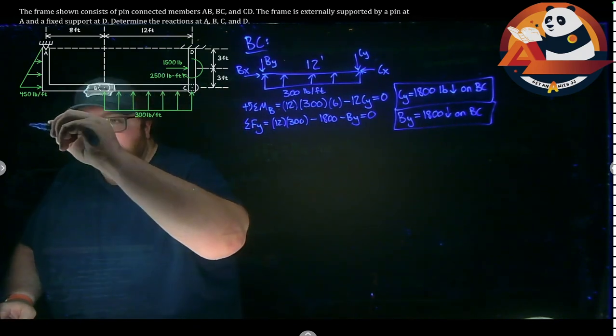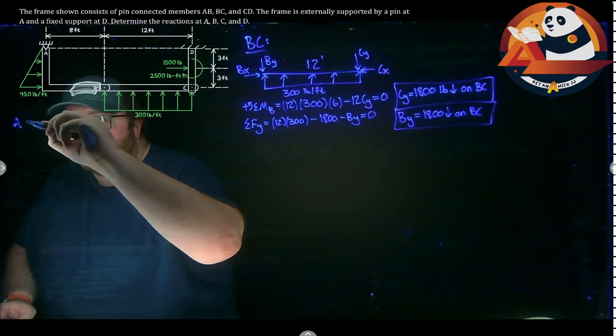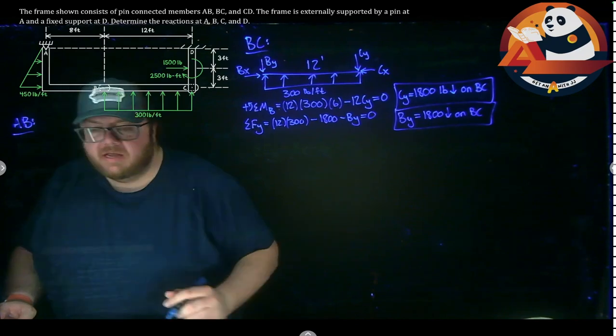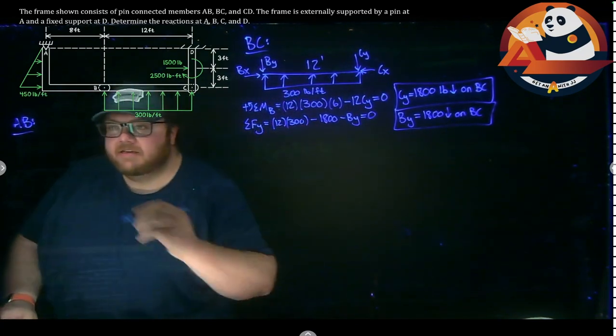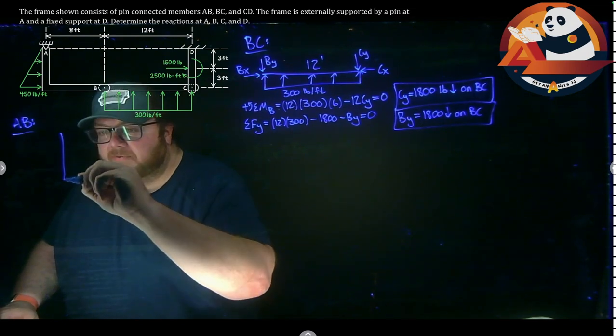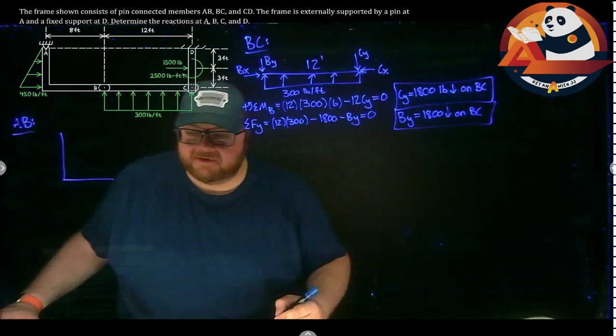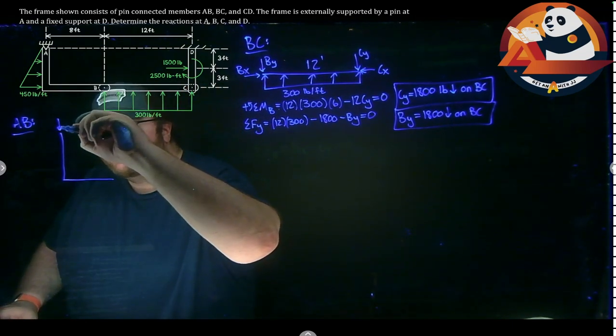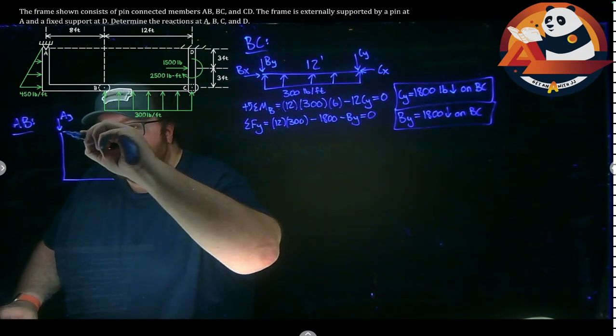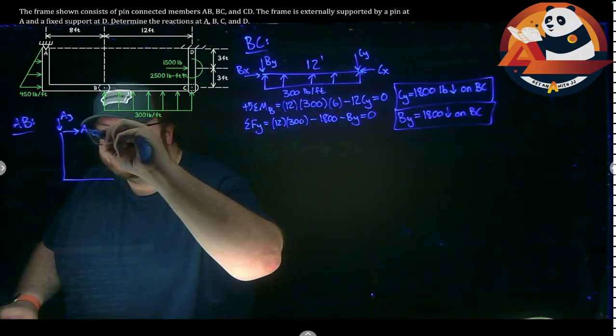But let's come in here and draw out AB. We're kind of going to bounce back and forth between our free body diagrams as we tackle this. So setting this one up, we have an L shape. At A, I'll put in AY for our pin, so it should go down. And I'll guess AX goes to the right.